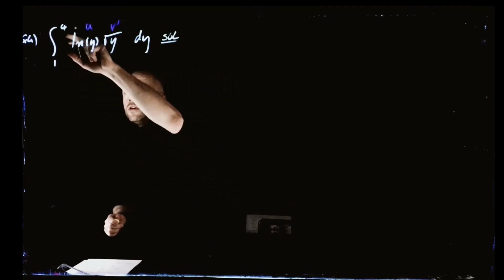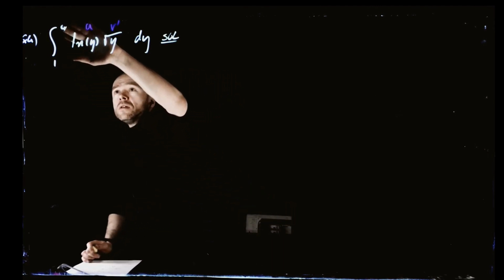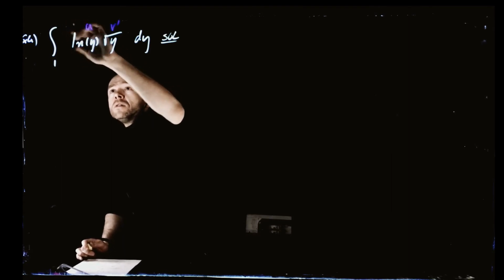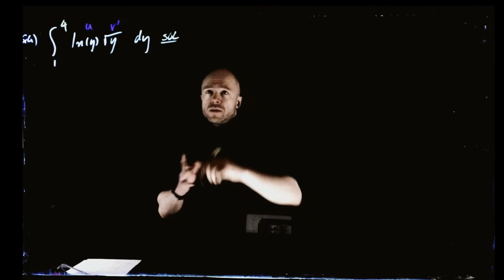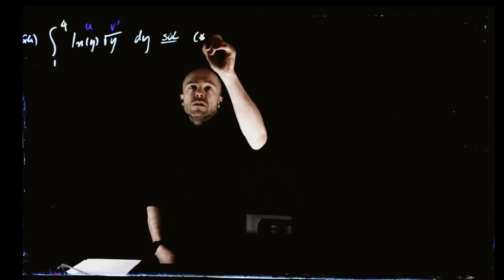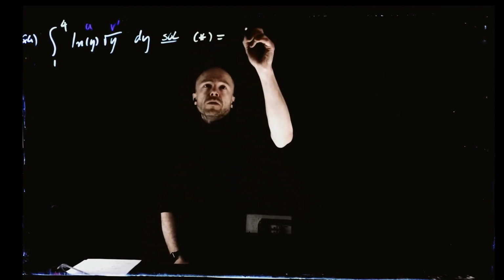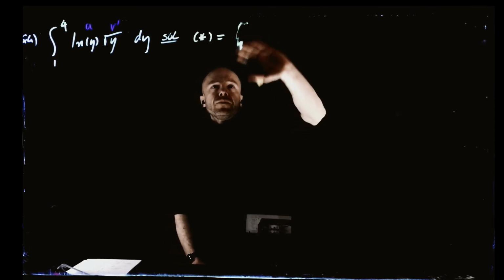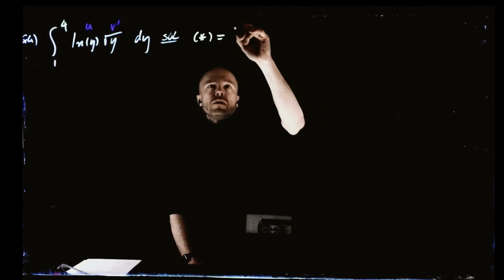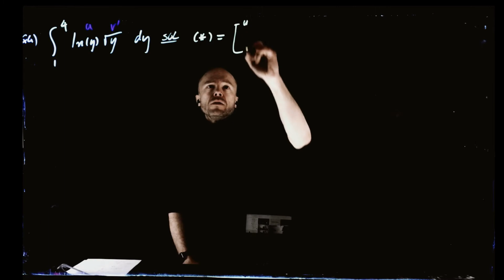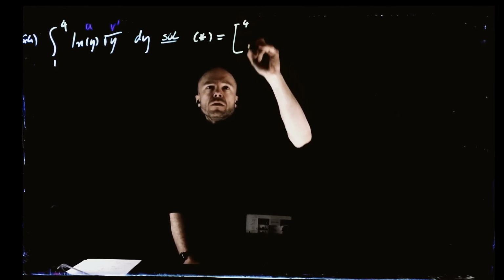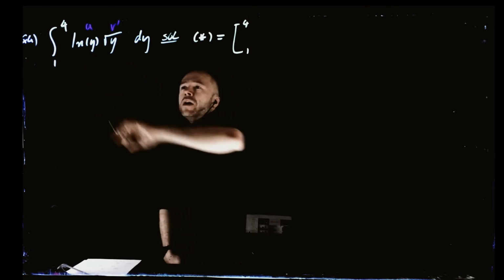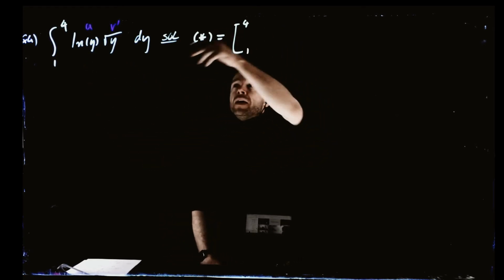It's 1 to 4. Okay, so integrate by parts. So this thing, star, is equal to the definite integral, with 4 up here. We are going to put u and then v itself.